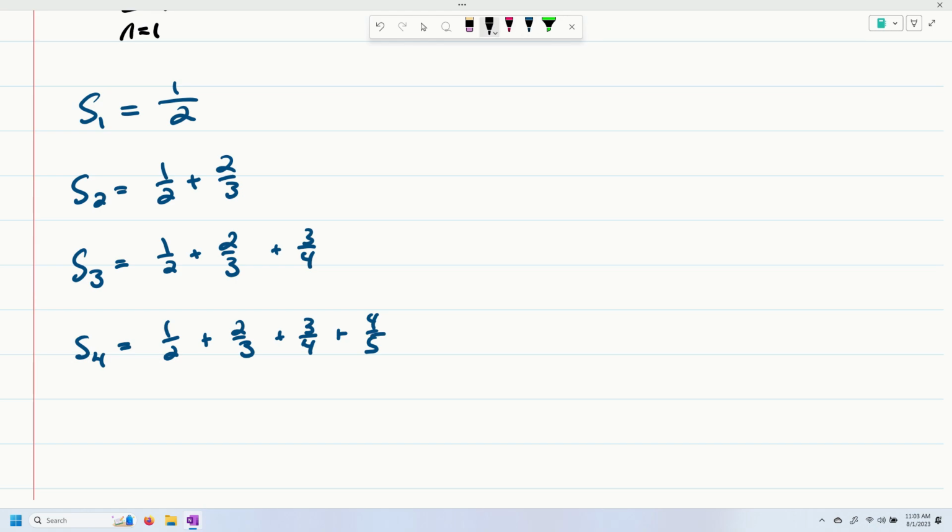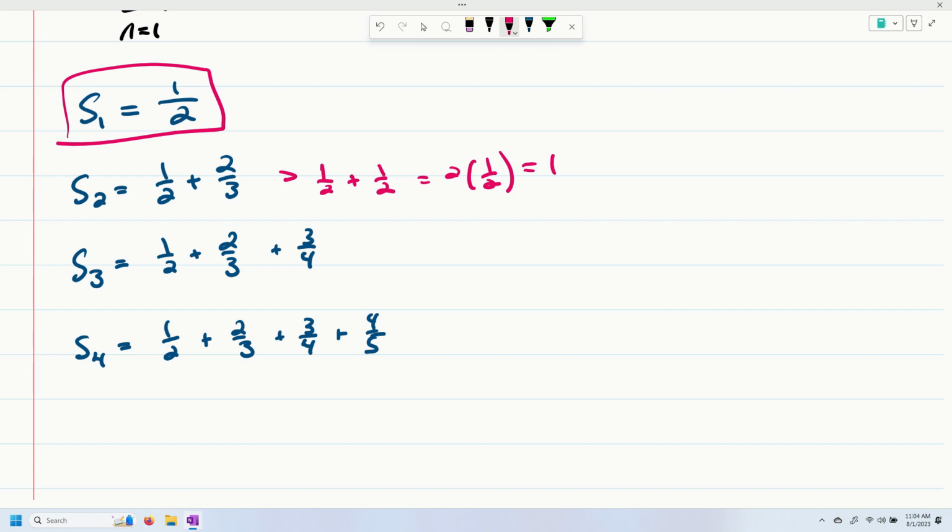Now, notice that each term added is always going to be bigger than 1/2. So in other words, you started off with the first term 1/2. But then the second one is 1/2 plus 2/3, which is greater than 1/2 plus 1/2, or 2 times a half, which equals 1.